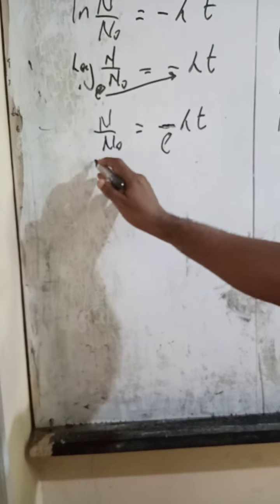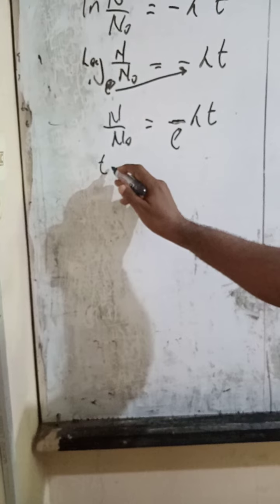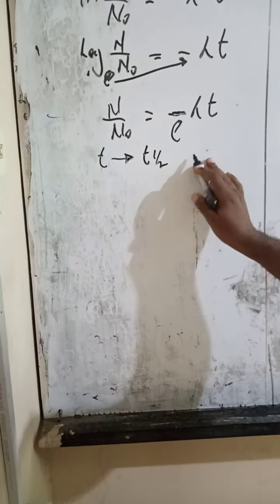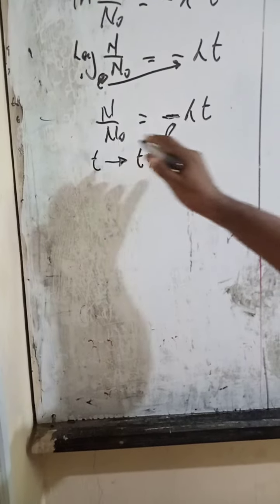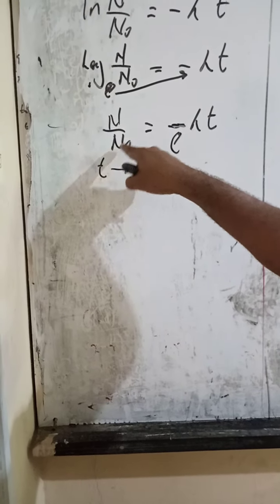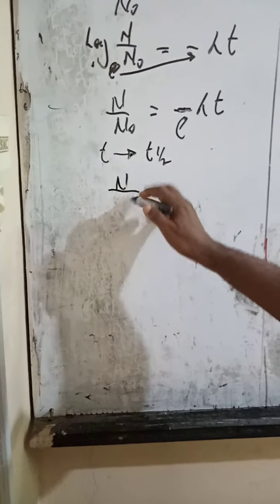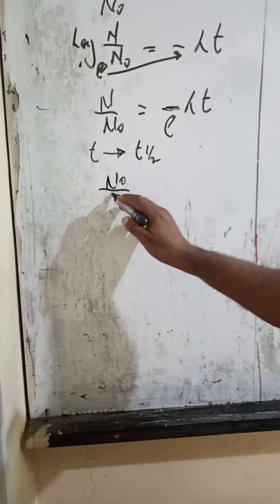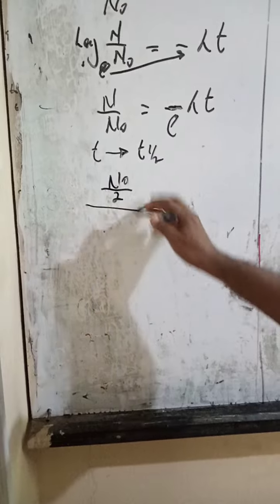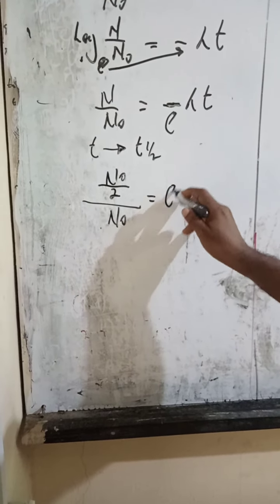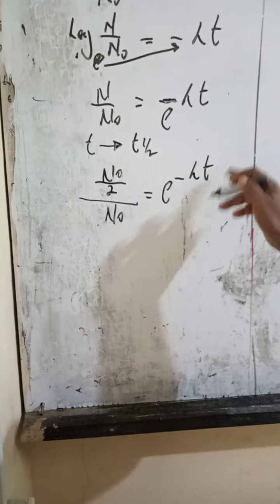So now at time t, as time t goes to t half, that means this particular n becomes n0 divided by 2, then divided by n0 is equal to e raised to the power minus that.